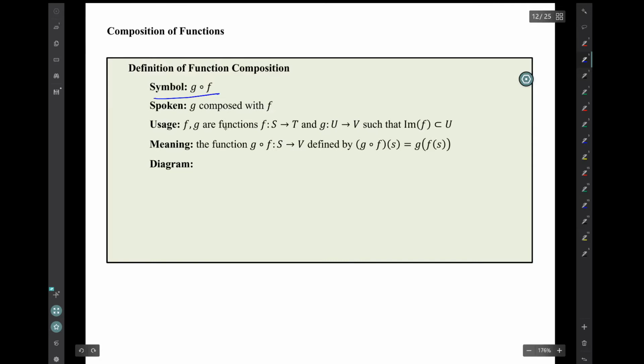Now I want to talk about what's called composition of functions. This symbol, g circle f, is spoken g composed with f. This symbol is used when f is a function from some domain S to some range T, and g is a function from some domain U to some range V, such that the image of f is contained in U. So how does that look?